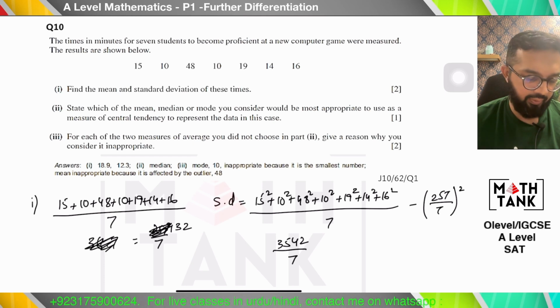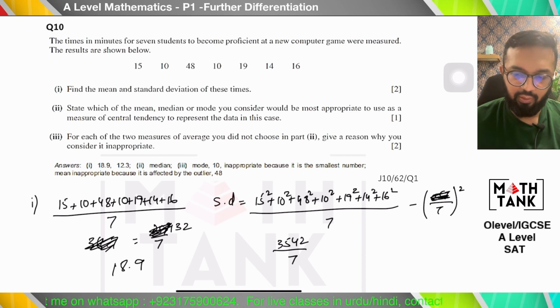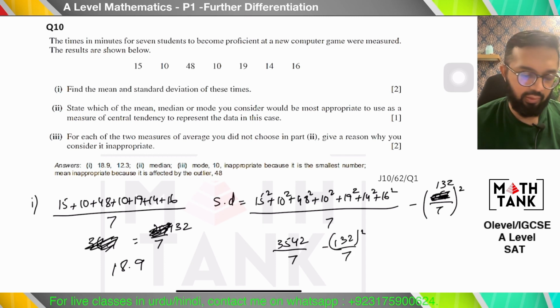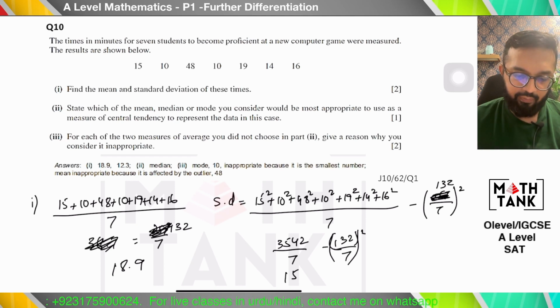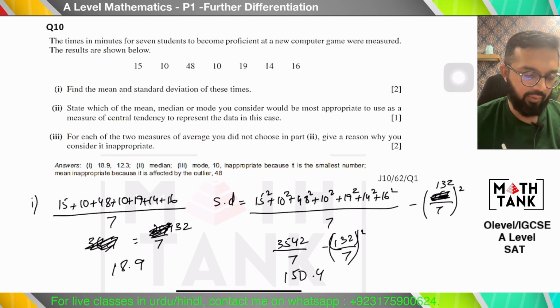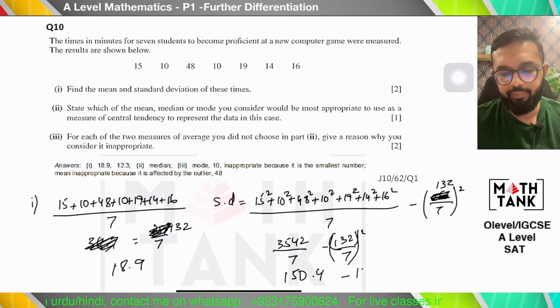That was also wrong. 18.9. So 3542/7 minus 132/7 squared. Getting 150.4, and then you take a root and you get 12.3.